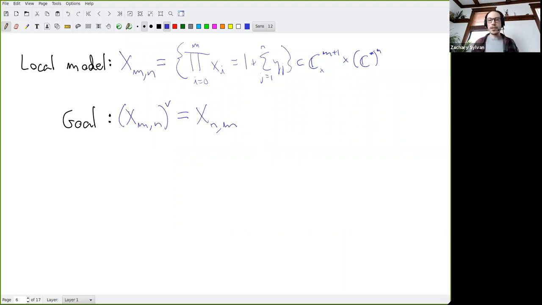So these are the local models for these singularities. And our goal is just going to be to establish mirror symmetry, well, homological mirror symmetry for this in a way compatible with family Floer theory.